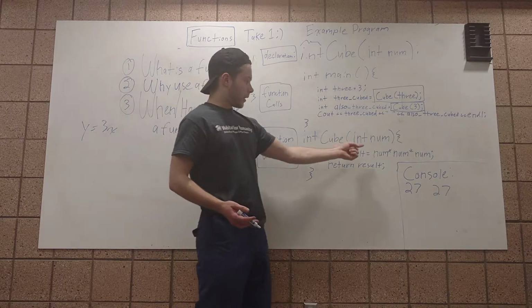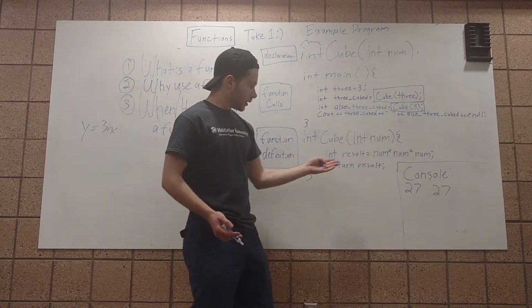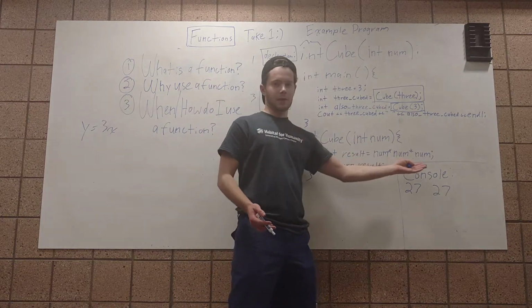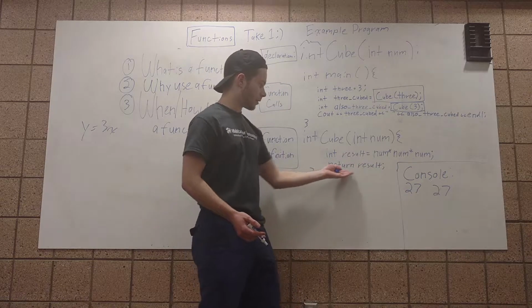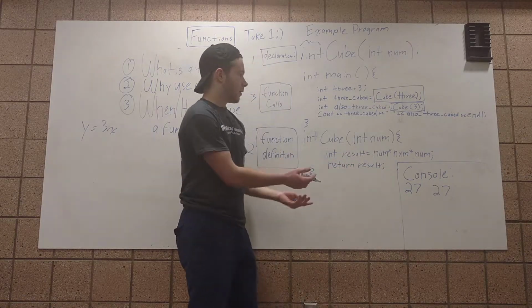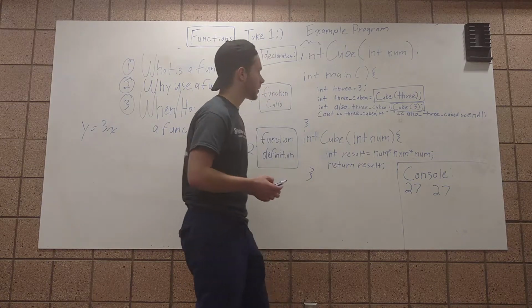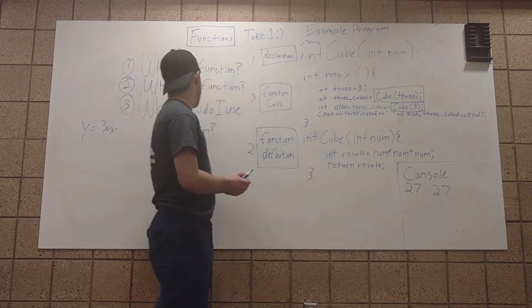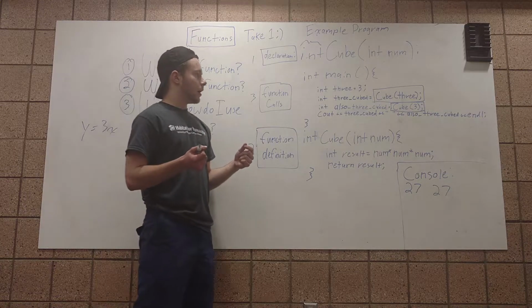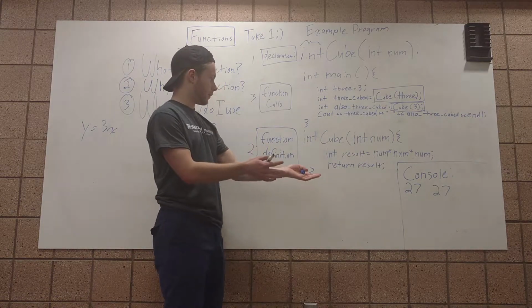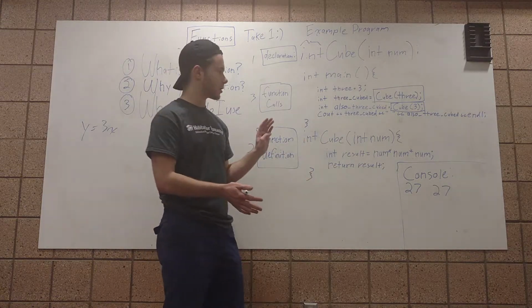And then we're going to want to take this number and multiply it by itself 3 times, and then return the result. So we're basically cubing the number, like the name would suggest. So that is just a quick overview of how you would define a function.